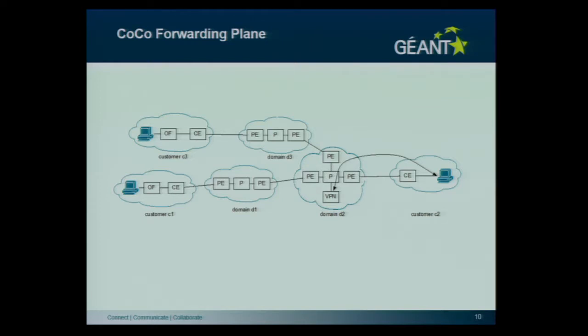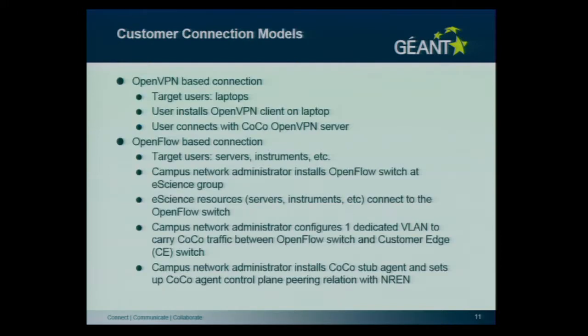He installs an OpenVPN client on his laptop and then connects to a VPN server running in the domain. Each domain can run its own VPN server. So you connect to the VPN server of your own NRN. The typical use case for this is users with laptops.